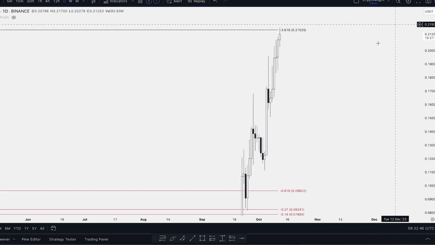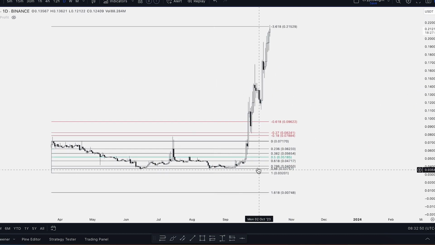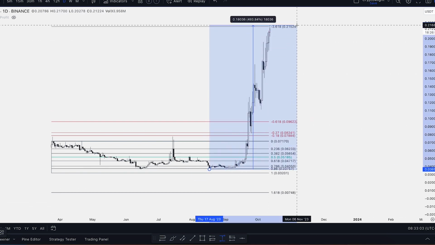We got a pure test. This one, it's 21 cents. So this is the initiation accumulation stage. Most likely it took around 300 to 500% gains from this retest, from the lowest point, here, 493 now.